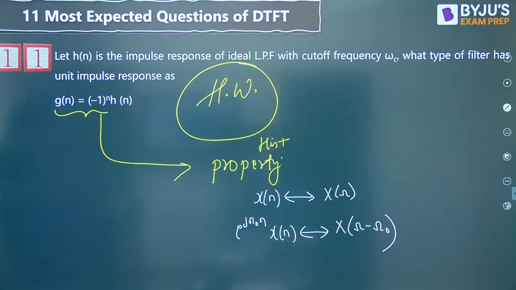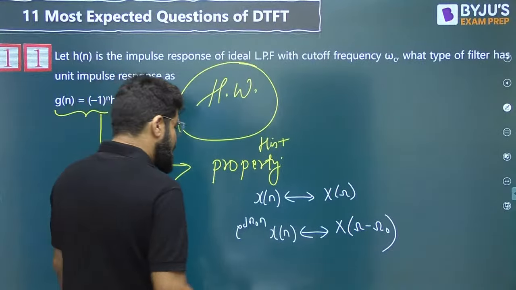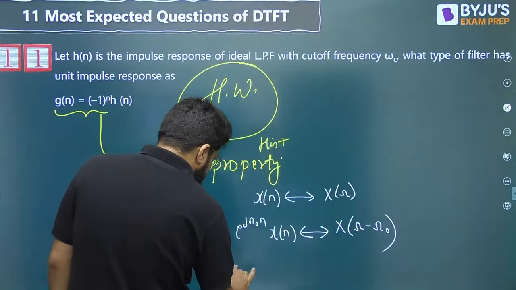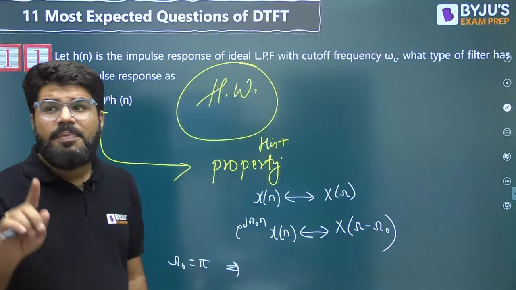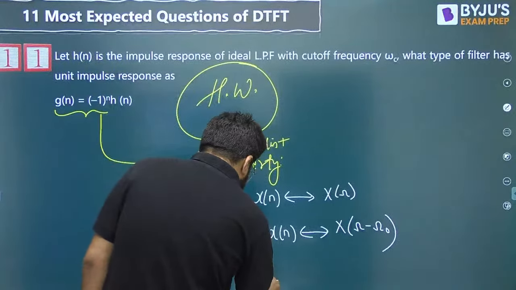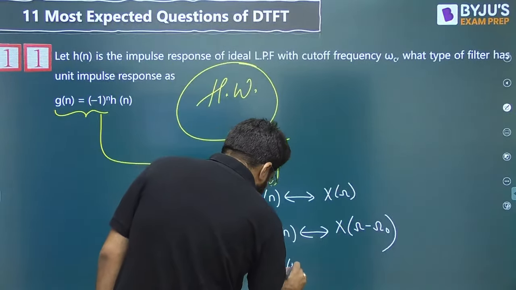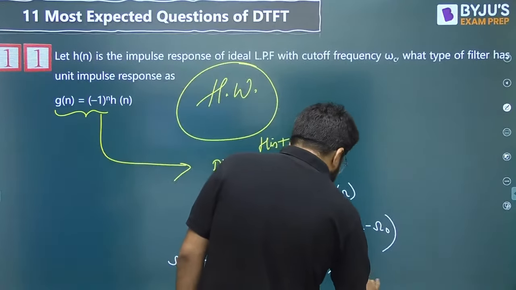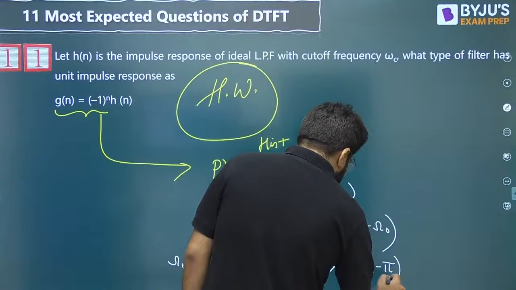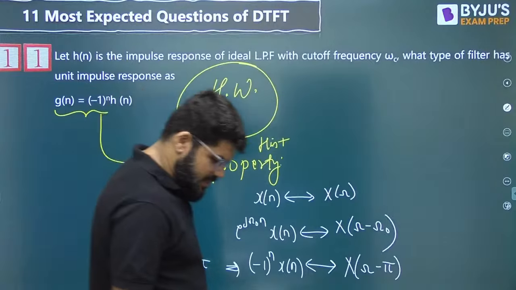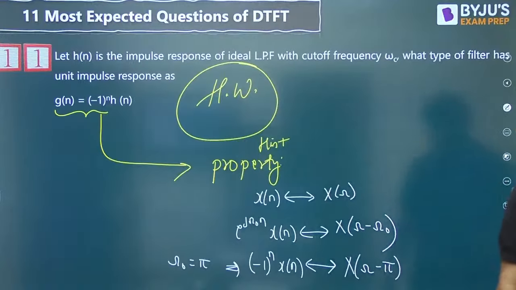Now when I put omega naught equal to pi, e power j pi is minus 1, so e power j pi n is (-1) power n. So (-1)^n x[n] has the DTFT X(omega minus pi). Now this is a sufficient hint to take up the question.